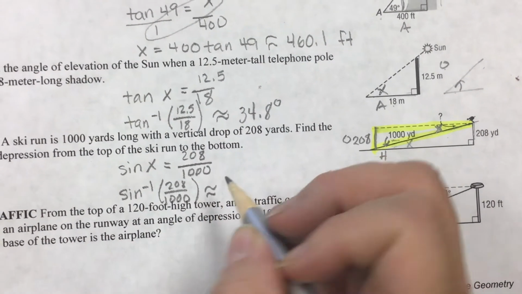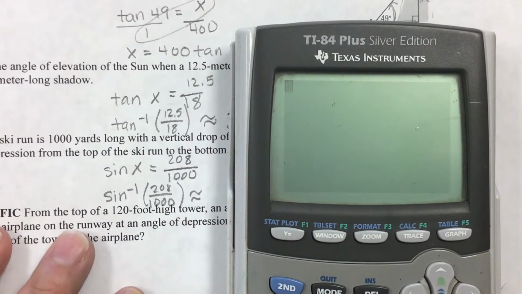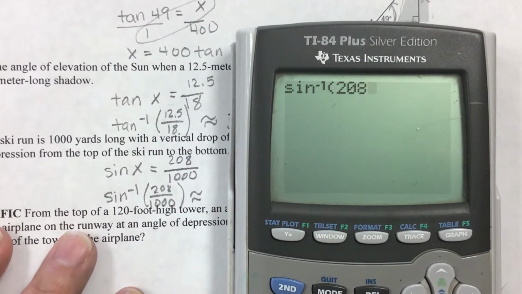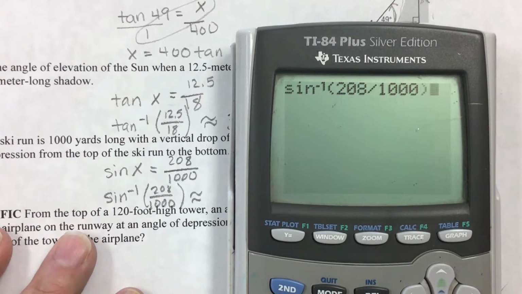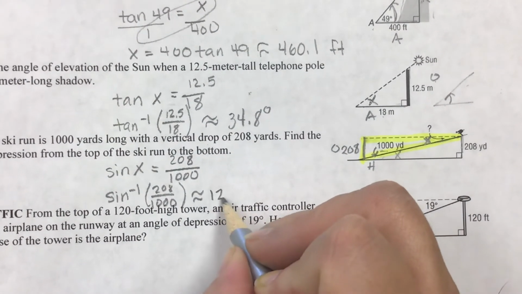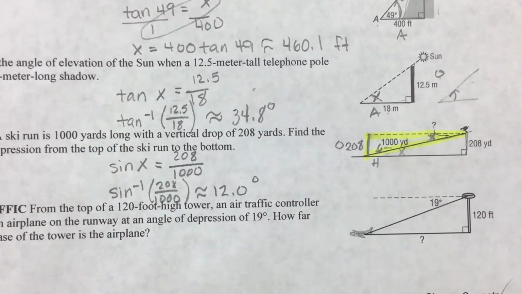And that's going to give you approximately, so second first, then sine 208 divided by 1,000, 12. And I'm going to put 12.0 in degrees since we're looking for an angle measure.